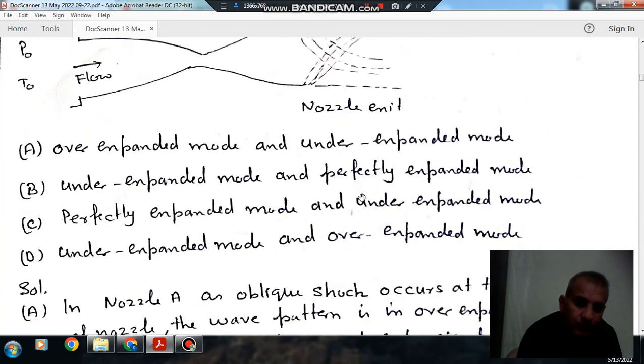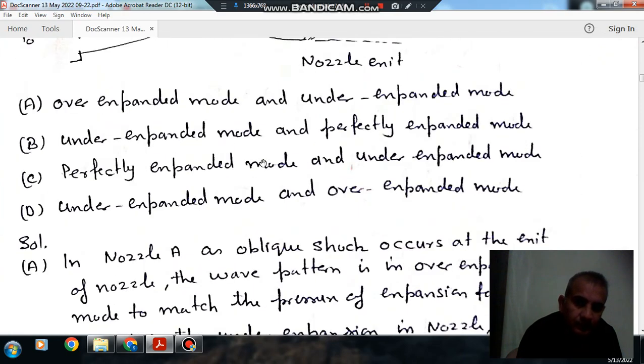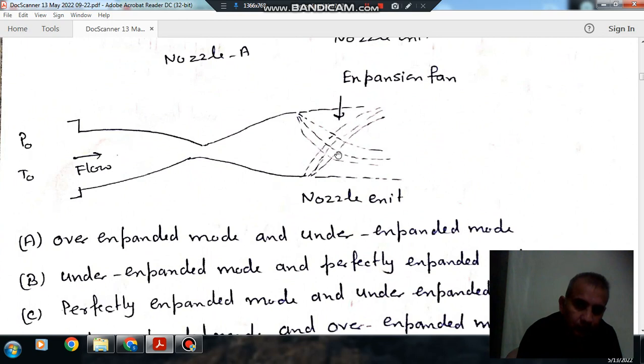And in the second case, the nozzle is under expanded. It means the pressure at the exit is more than the designed perfectly expanded mode, and further expansion of the pressure takes place in the expansion fan.